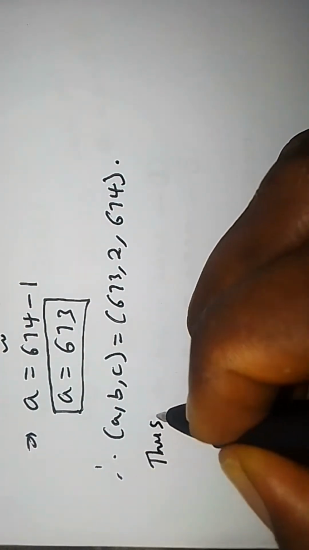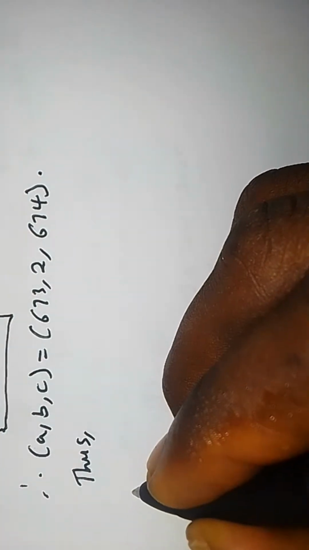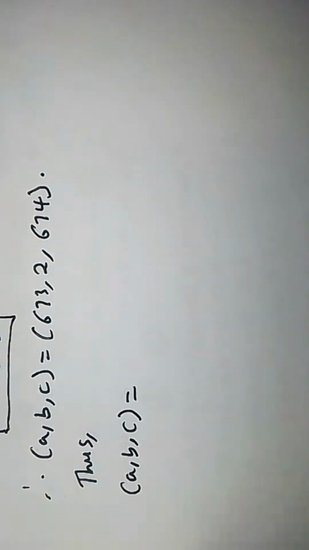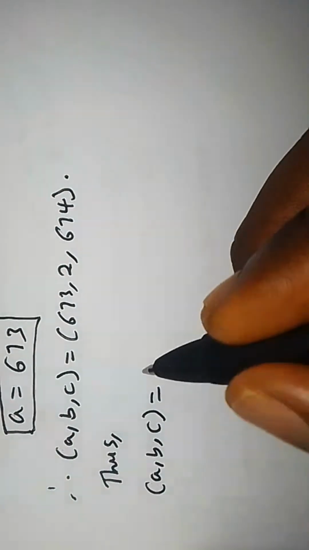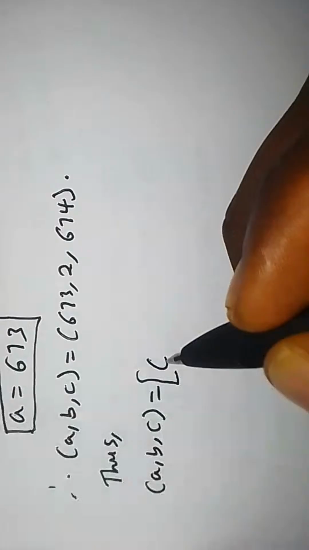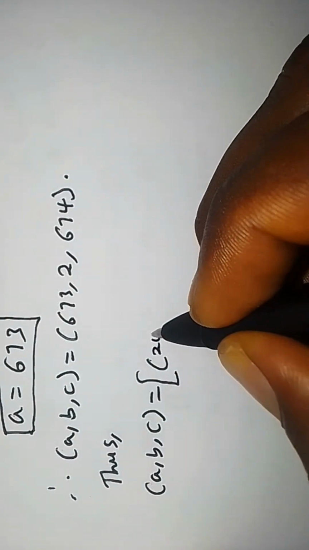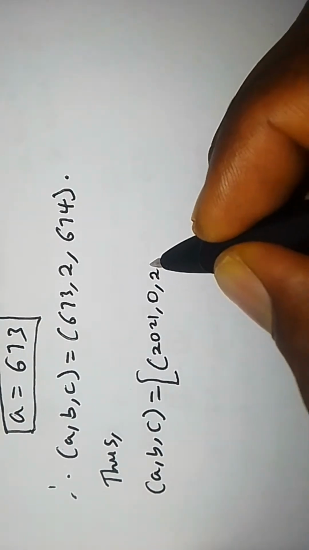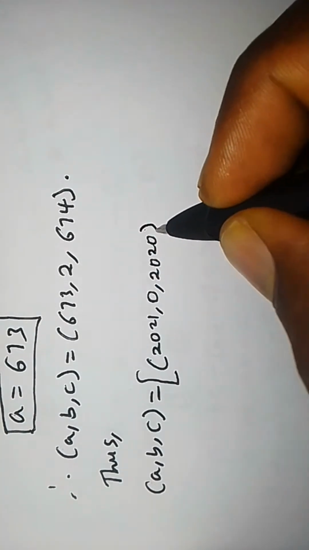Thus, the solutions that we obtain for this tricky math equation, A, B, C, is equal to the set of: the first solution that we obtain is 2021, 0, 2020.